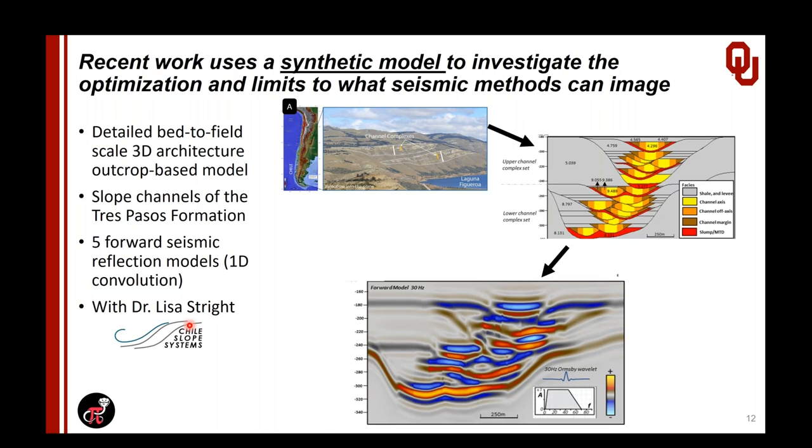So we teamed up with Lisa Streit, who gave us some data from the Chile slope systems, where they had collected outcrop information in the Tres Pasos formation down in Chile, and then created 3D models from the outcrops, which were then turned into synthetic seismic data. So now we have our seismic data, and we also have the true answer behind the seismic data. That allows us to test out our methods.